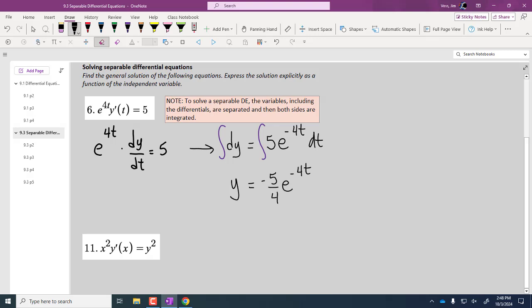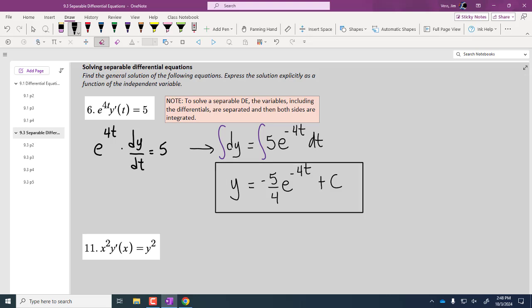We now know really well how to integrate exponential functions. The integral of an exponential function is itself divided by the derivative of the exponent. So there is our solution. Once again, the solution to a differential equation is a function.